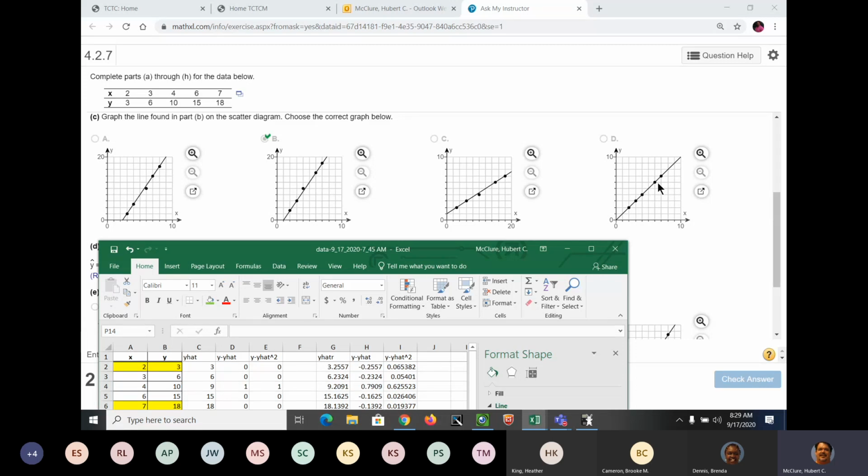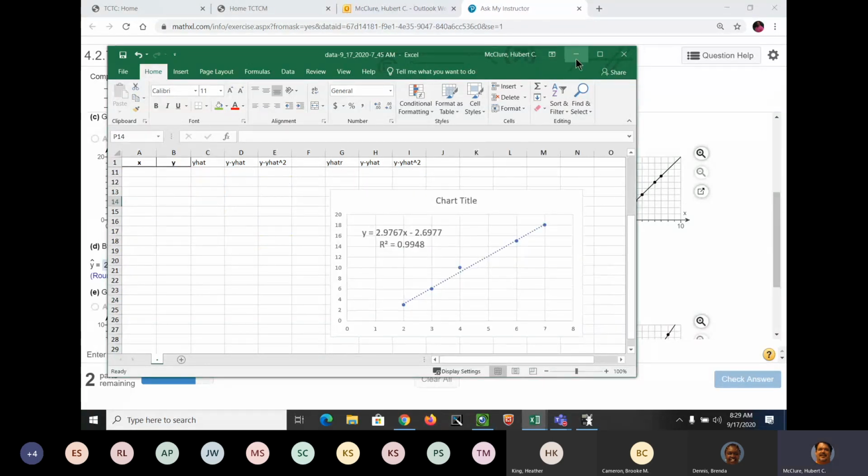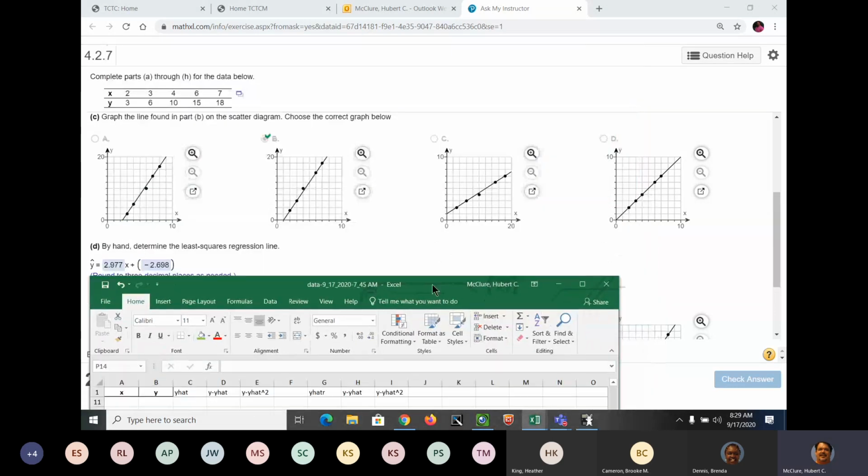Delta's not it. This dot is below and this dot is below. And we all see that the dot that's not in line is above. So we know that the answer is B, as in Bravo.